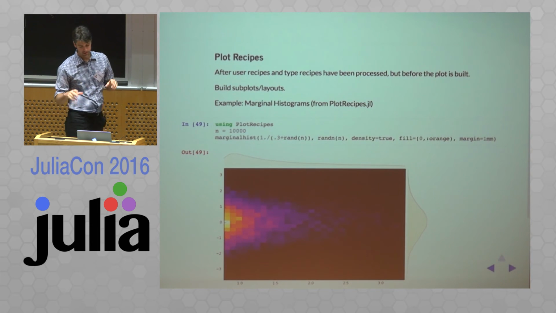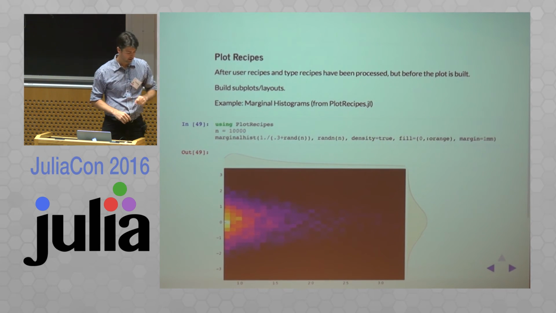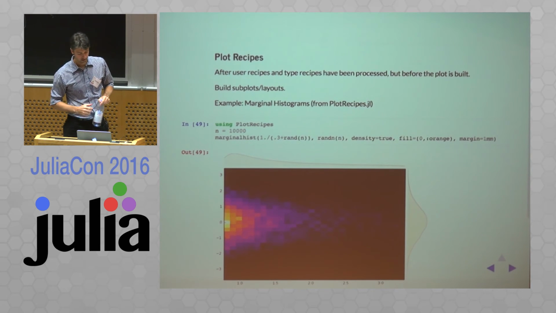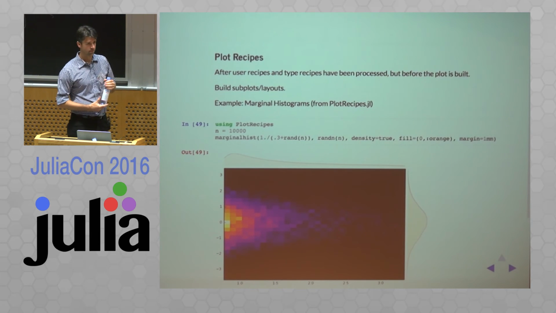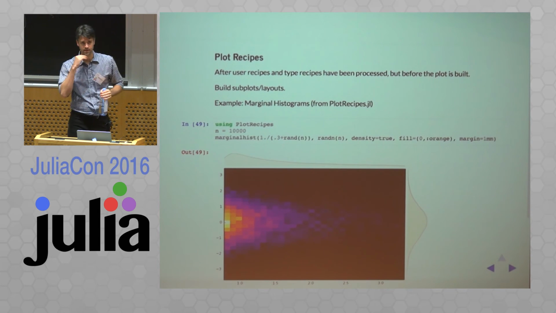So you can see you're able to tap in and change the whole structure and layout of the resulting plot from within a recipe. If you go to Plots.jl, you can see the code right there. It's pretty easy to find, I think.